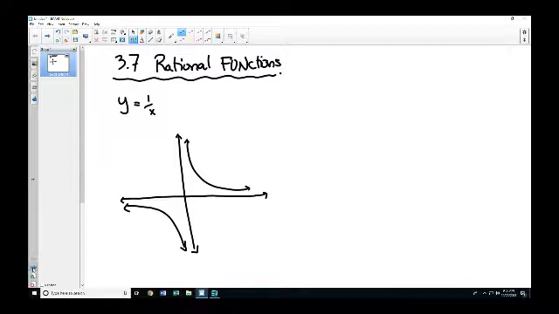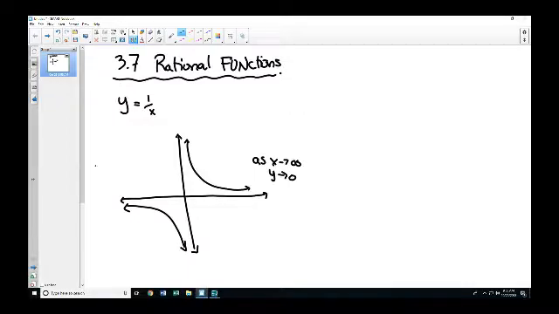Can you describe the end behavior? Y approaches... Where does this graph go? The x goes to infinity, but the y value, where is it headed? Towards 0, right?